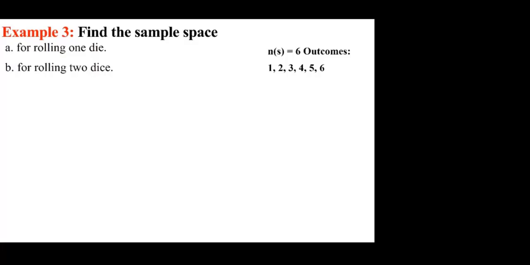In each stage, we roll a die, or you can say rolling 2 dice. It works the same way. Each stage contains 6 outcomes. There are 2 of them, so it would be 6 squared. If we have 3 of them, it would be 6 cubed, and so on and so forth. That's the way it works.